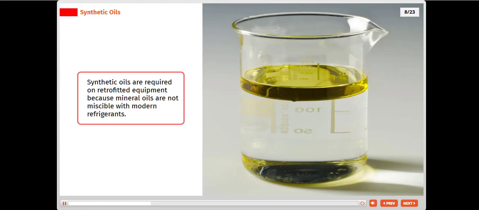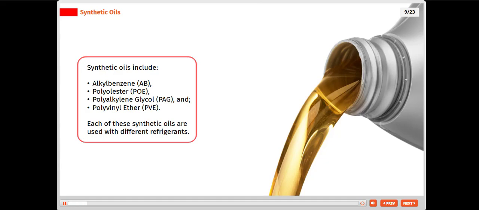Synthetic oils are required on retrofitted equipment because mineral oils are not miscible with modern refrigerants. Synthetic oils include alkyl benzene, polyester, polyethylene glycol, and polyvinyl ether. Each of these synthetic oils is used with different refrigerants.